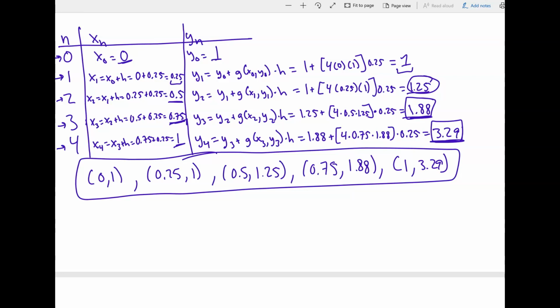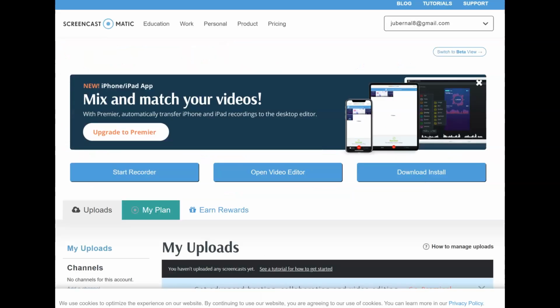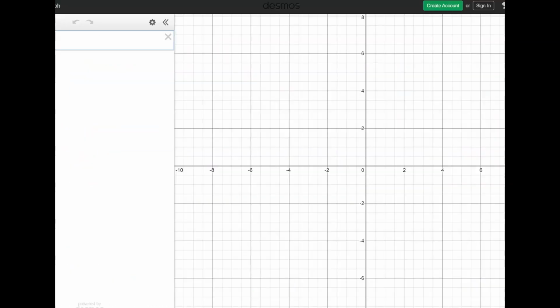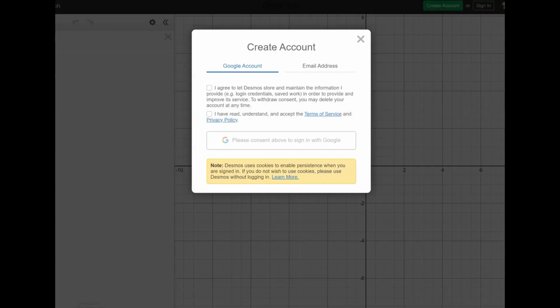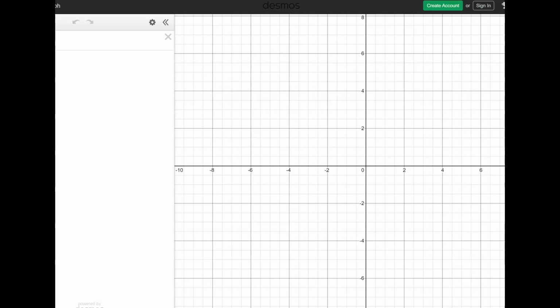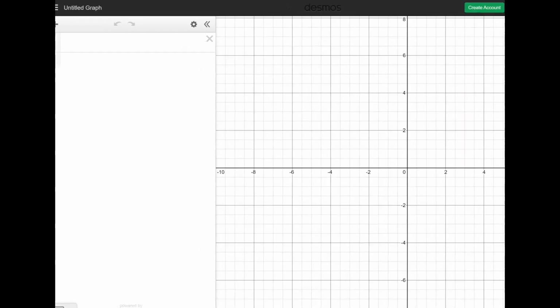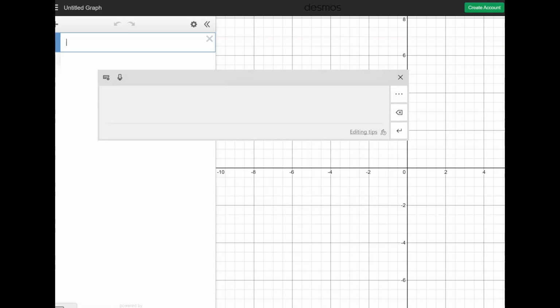Okay, so what I'm gonna do is I'm gonna go ahead and just use Desmos to try to figure out what the exact value is and see if our approximation is good enough. So the first thing that I'm gonna do is write down the true value.